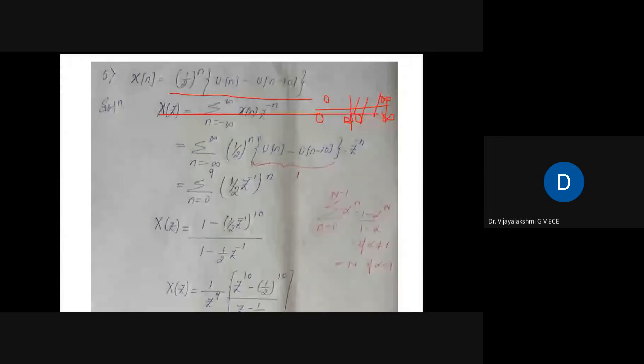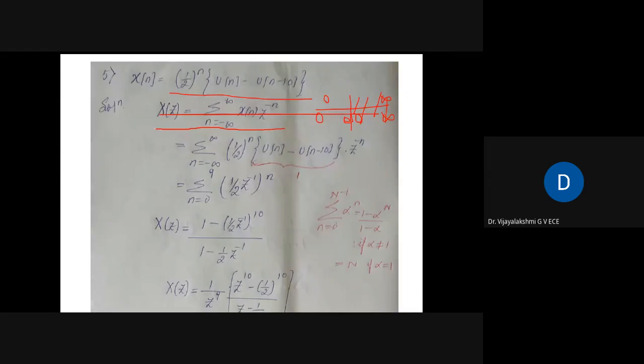When you subtract them, all the values defined from 10 get cancelled. So you are left with the samples defined from 0 to 9. So our index now changes to n varying from 0 to 9.